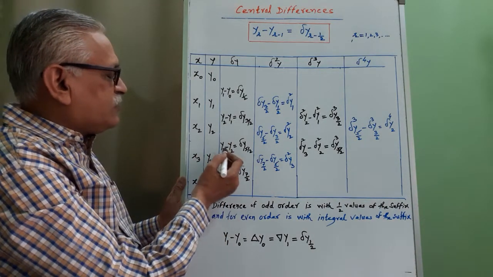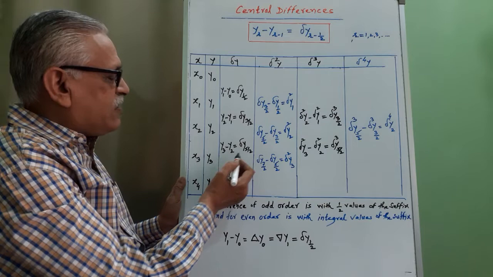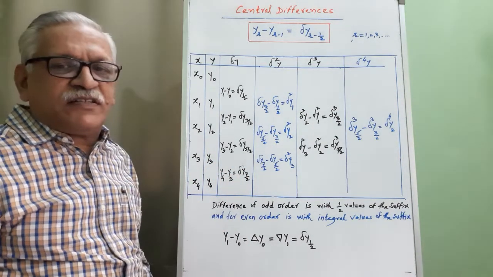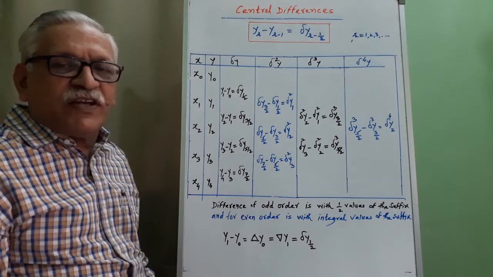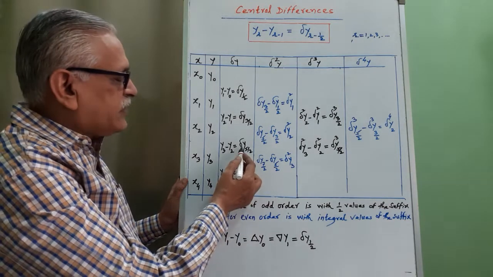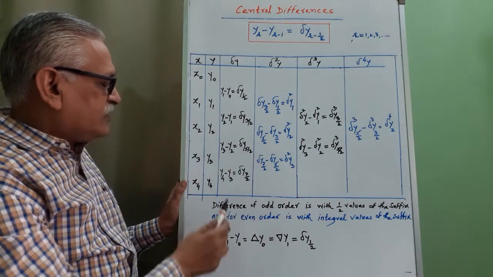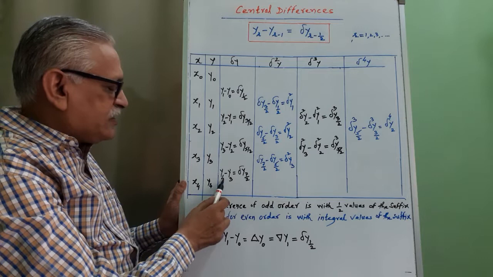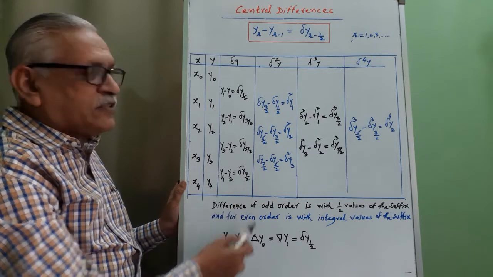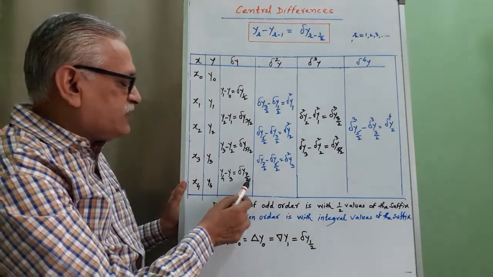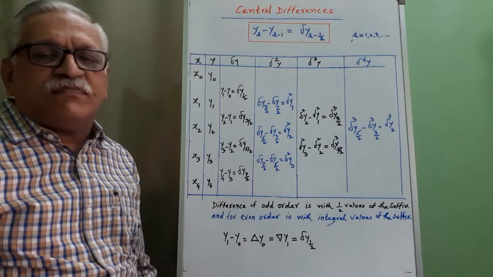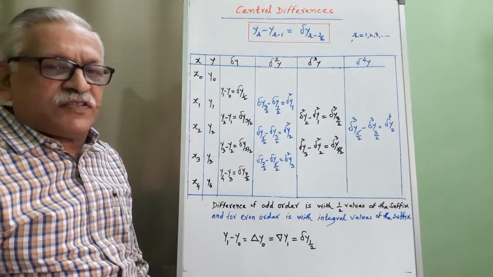Next, y3 minus y2 is delta y of 3 minus 1 by 2; cross multiplying, we get 5 by 2, delta y 5 by 2. Next, y4 minus y3 is delta y with suffix 4 minus 1 by 2, which is 7 by 2. Therefore, this is the first column of first order central differences.